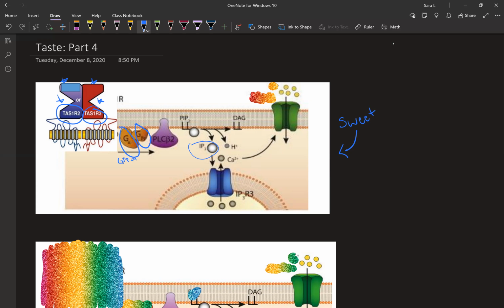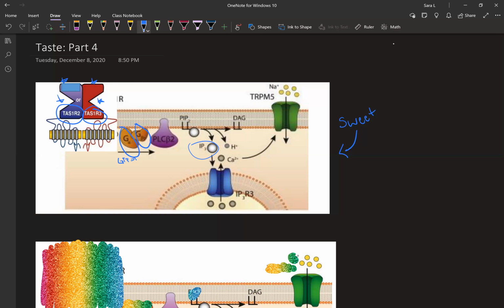And so the calcium is going to be coming into the cell, and as the calcium comes in, it is going to come over here and stimulate yet another receptor, and this receptor is going to be a TRPM5. And this receptor is going to allow the influx of sodium.